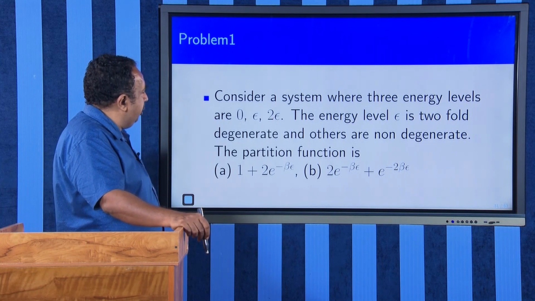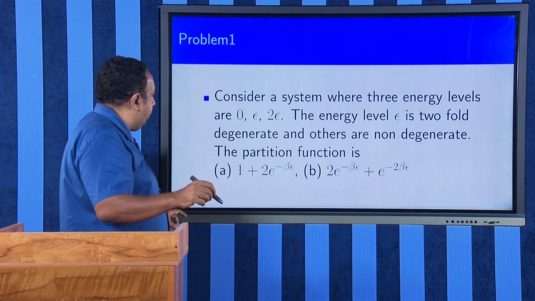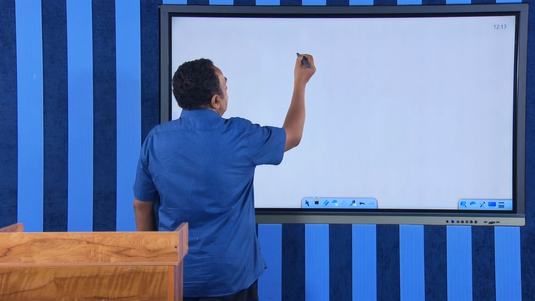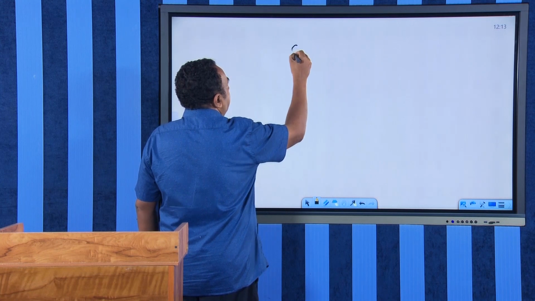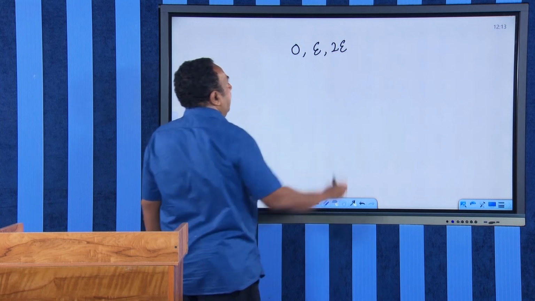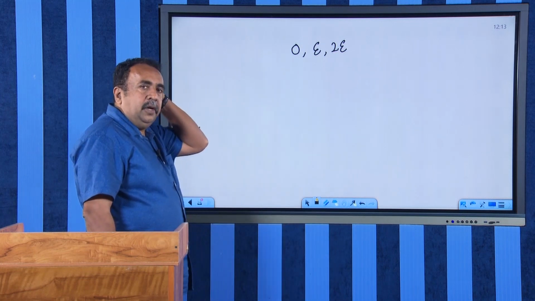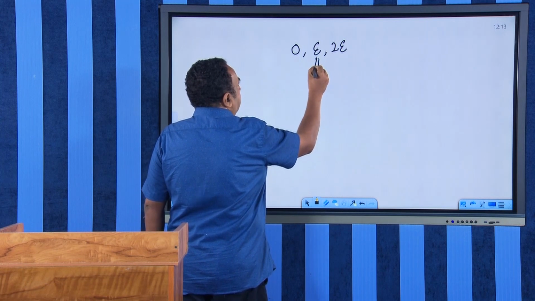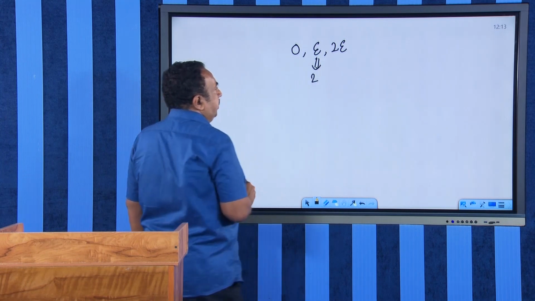What is the equation for the partition function? The energies are given as 0, epsilon and 2 epsilon, but the energy level epsilon is twofold degenerate.